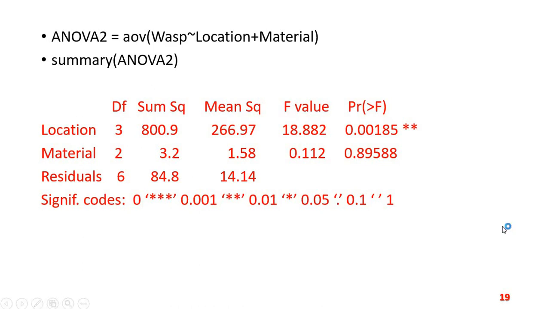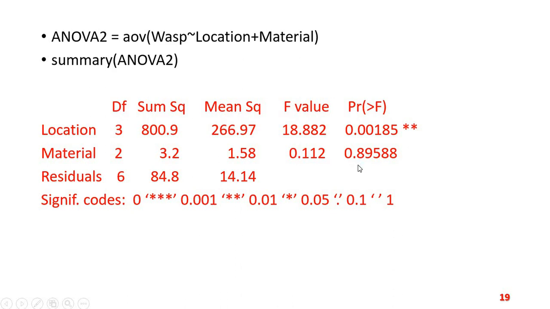Now once we get this table, we find that corresponding to location, the p-value is less than 0.05. That means there is a significant difference in the average number of wasps caught based on location. But if we look at the material used, this p-value is not less than 0.05.